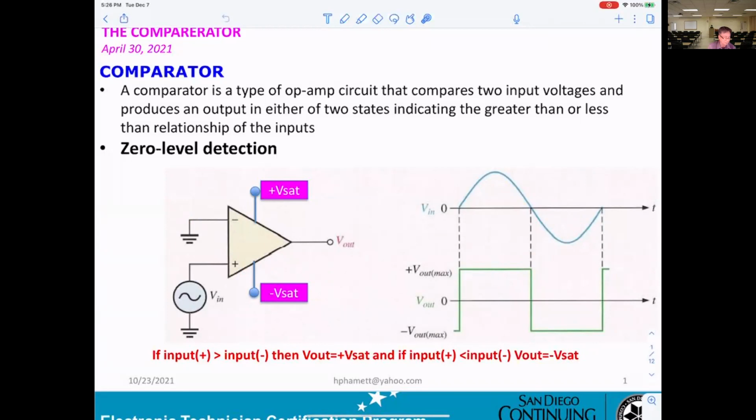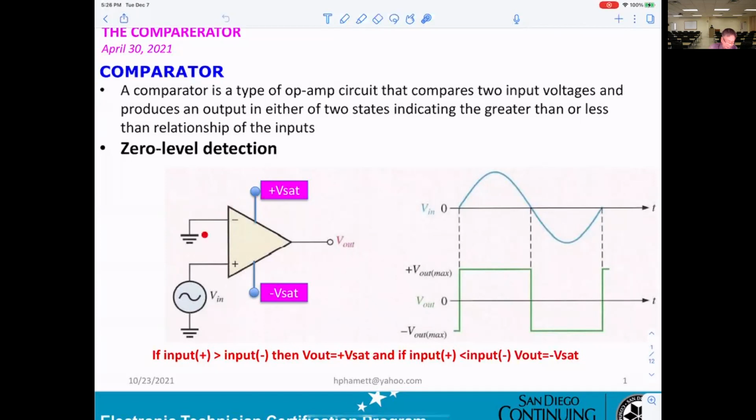However, when you see the symbol for the op-amp, you need to recognize whether it is the inverting amplifier, differential amplifier, non-inverting amplifier, follower, or comparator. You can see what the big difference is.